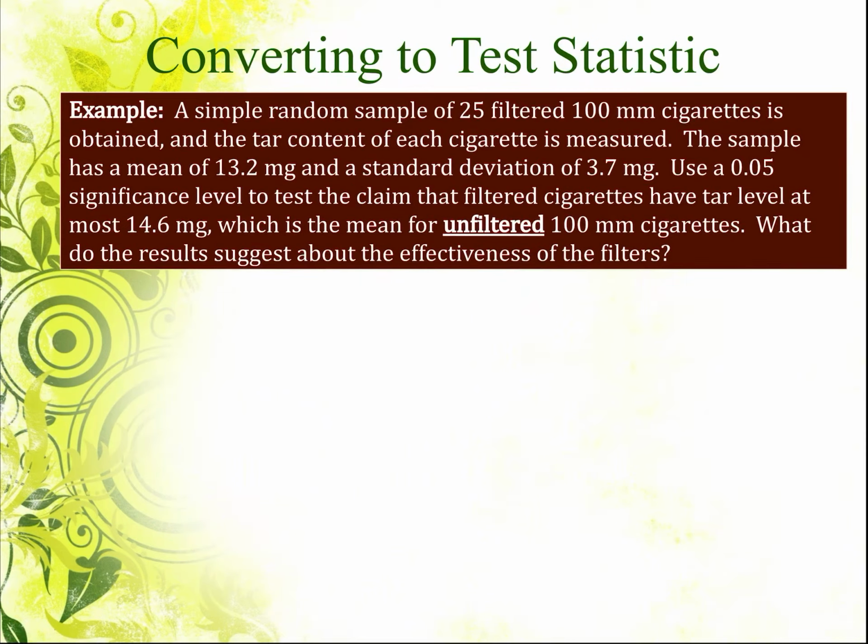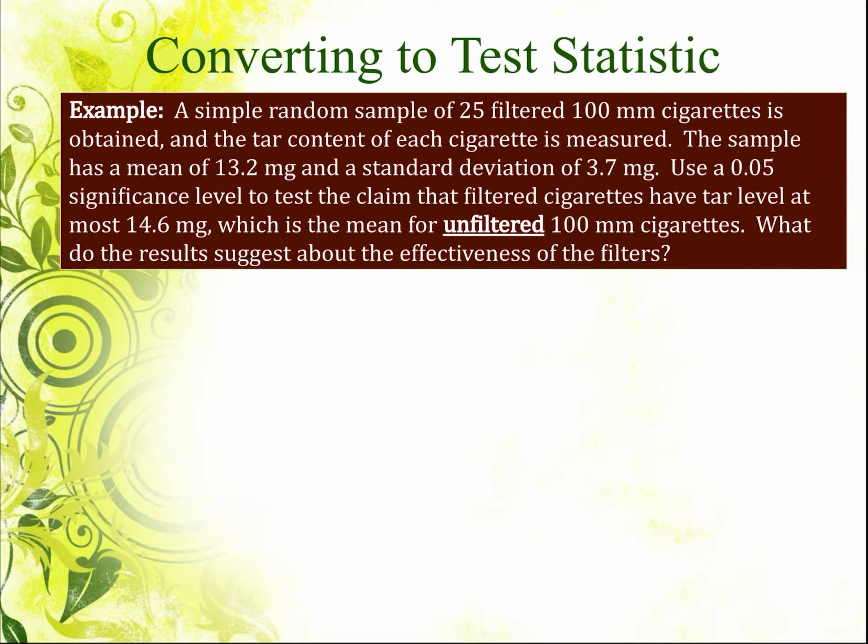Use a 0.05 significance level to test the claim that unfiltered cigarettes have a tar level of at most 14.6 milligrams, which is the mean for unfiltered 100 millimeter cigarettes. What do the results suggest about the effectiveness of the filters? Notice in this statement we're talking about means, so we'll be using the t test statistic.